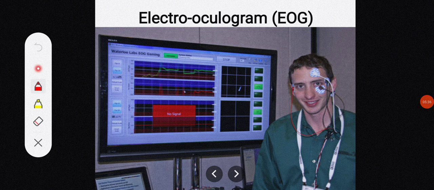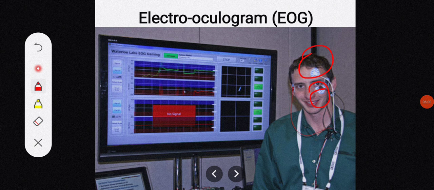One pair of electrodes is placed above and below the eye, as you can see. Why is this placed above and below the eye? So that they can pick up voltages corresponding to vertical movements of the eyeball.